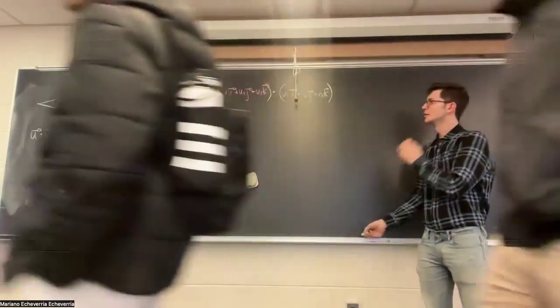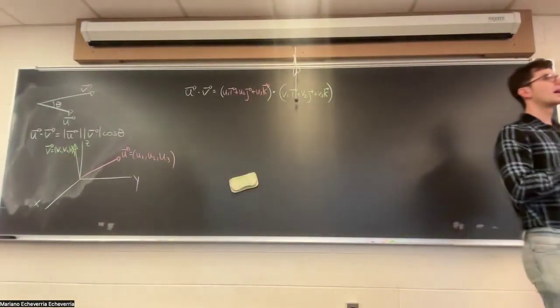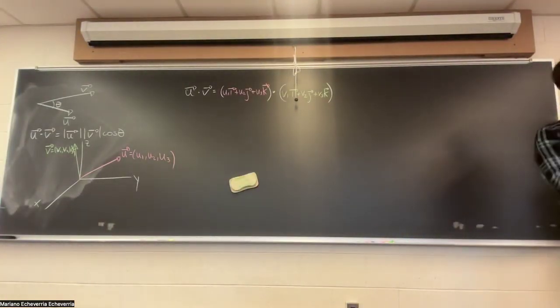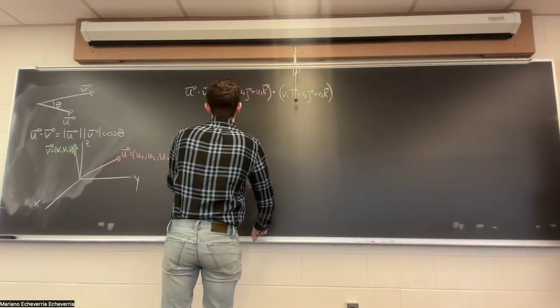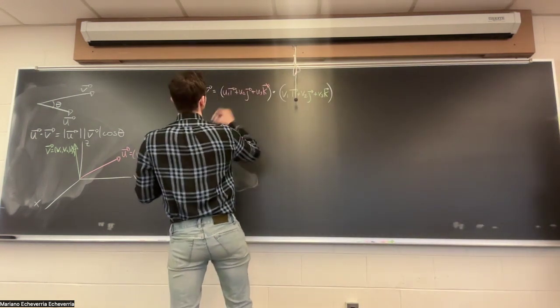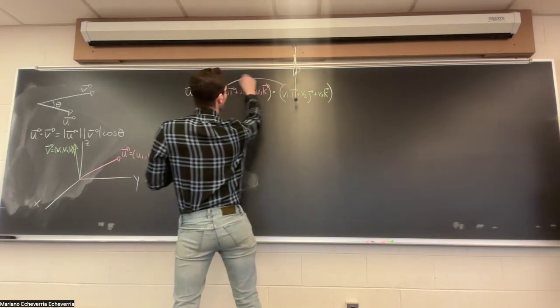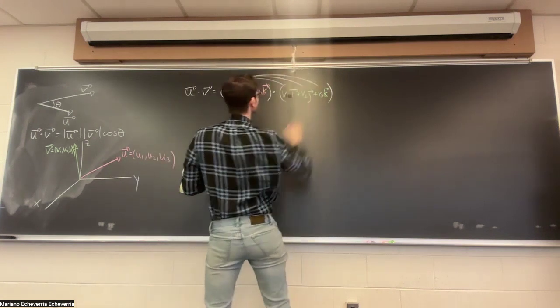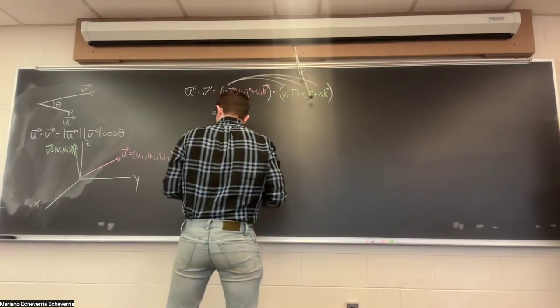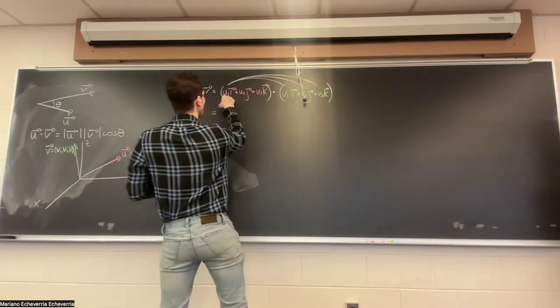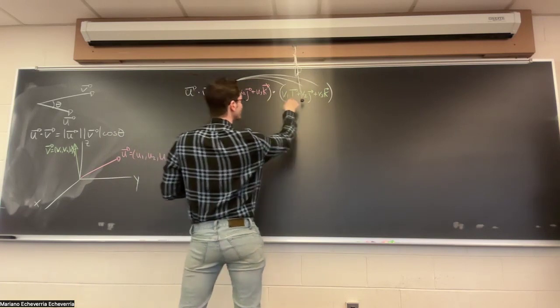Okay, so why do I do it like that? Because then you want to take advantage of the distributive property of the dot product, which I mentioned last time. Once you set it up that way, I'll organize it like this. So i can be dotted with this one and this one.